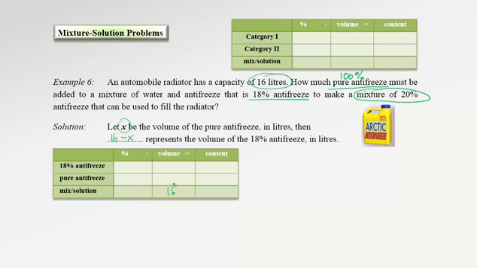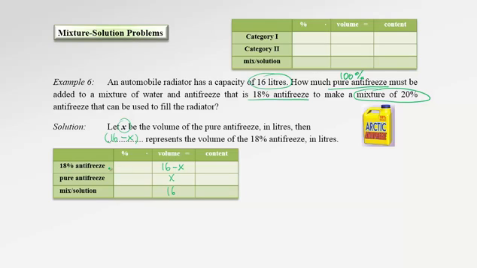That's our X. So let's place X here. We use X liters of pure antifreeze. Therefore, the volume of 18% antifreeze, as we already figured out, is the total 16 minus the part X. So it's 16 minus X here. Okay, we filled up the column of volume.